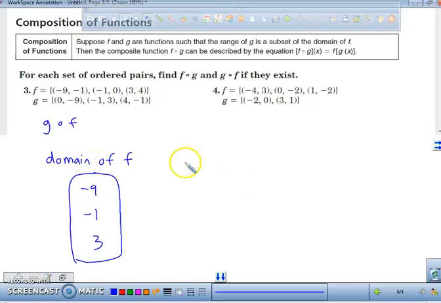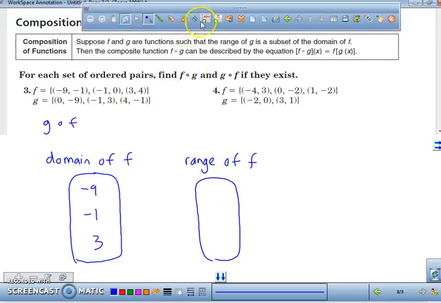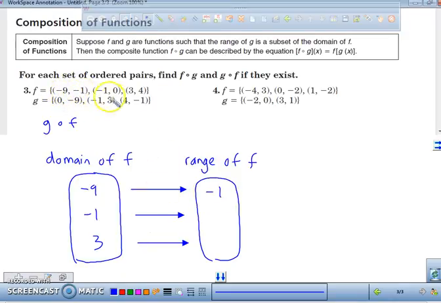And the domain of F will lead us to the range. My arrow is still across. So -9 leads me to -1. -1 gets me to 0.